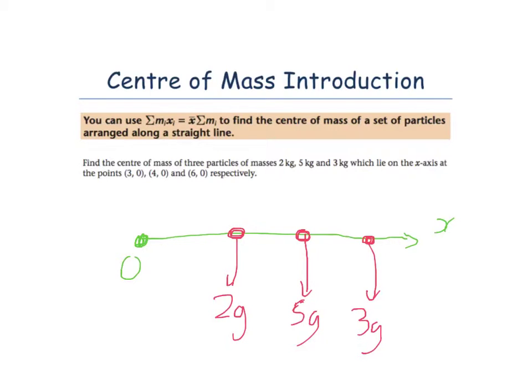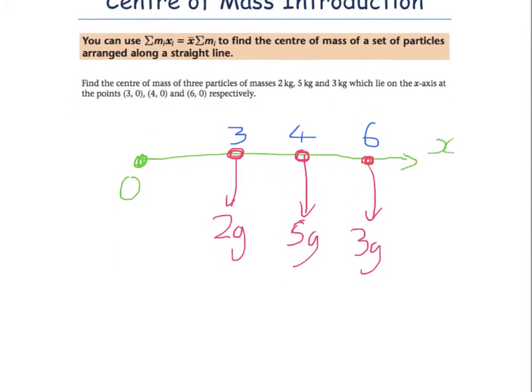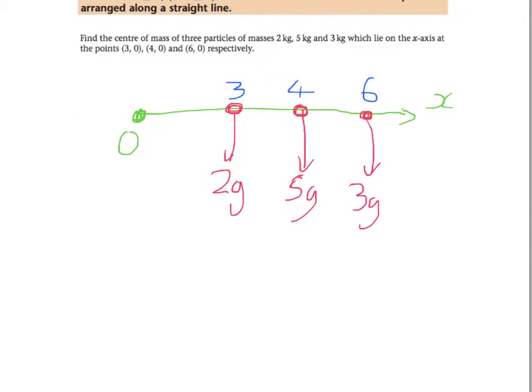If we label each of the positions, I'm not going to put the 0 y component because we know that we're looking along the x-axis. So this is a distance of 3 from 0, this is a distance of 4, and this one is a distance of 6. What we're asked to do is to find the centre of mass of these three particles.